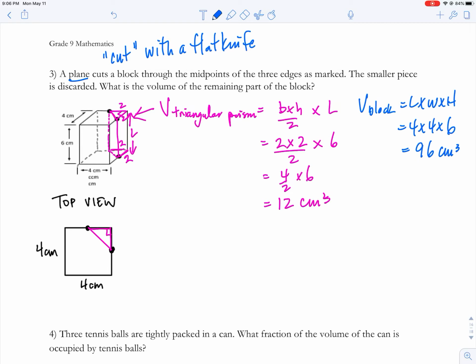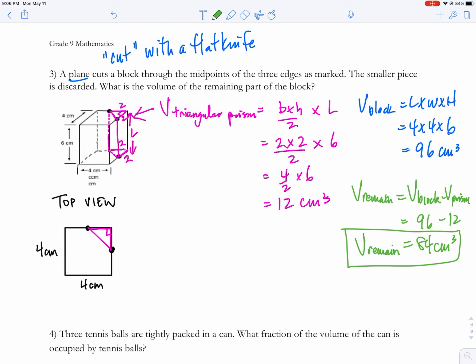Since it says what remains, V remain would equal V block minus V of the prism. So that'd be 96 take away 12, and 96 take away 12 is 84 centimeters cubed. So that's one way that we could solve it.